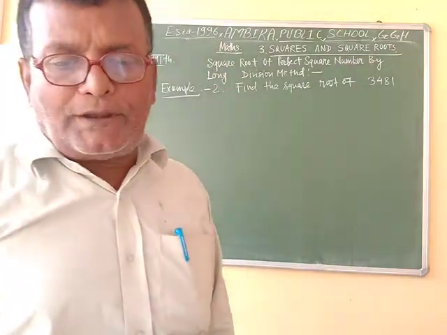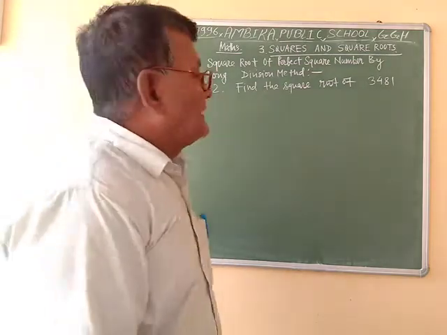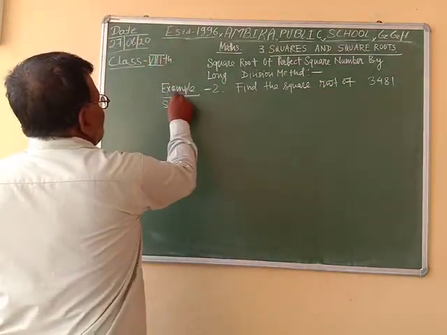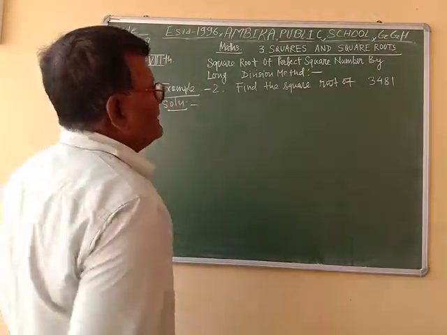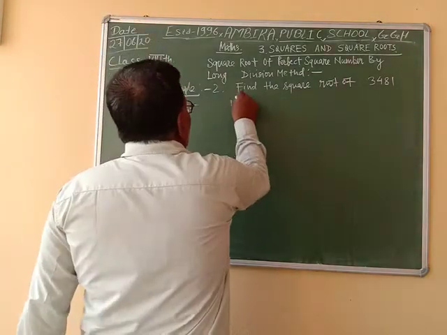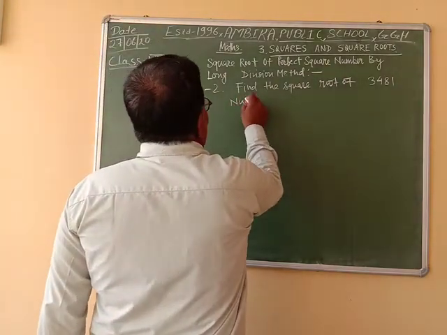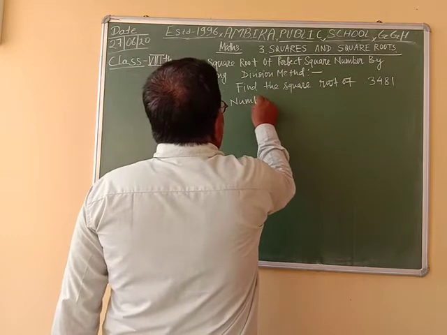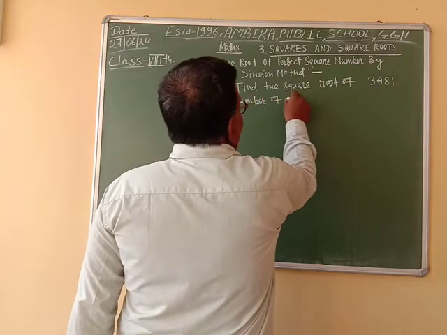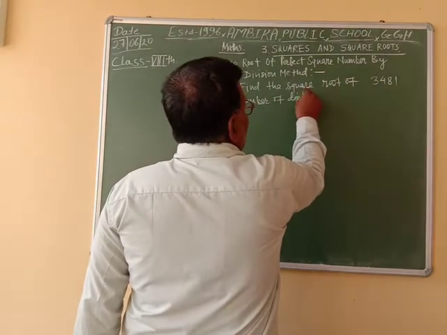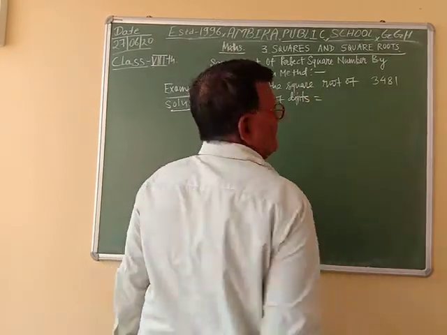To find the square root, number of digits is equal to 4.